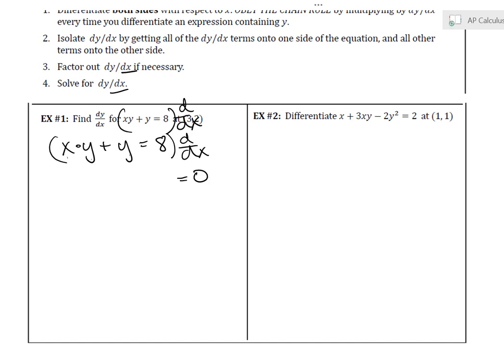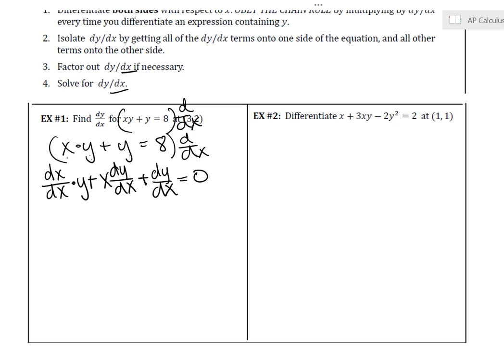Now I'm going to use my product rule here with this x and y. This is going to be dx over dx times y plus x dy over dx, plus that derivative gets applied to that y, so there's a dy over dx.